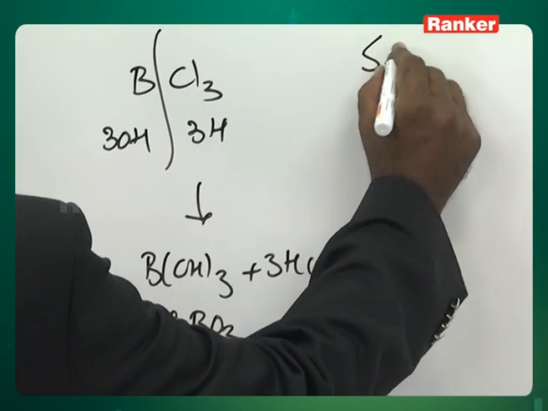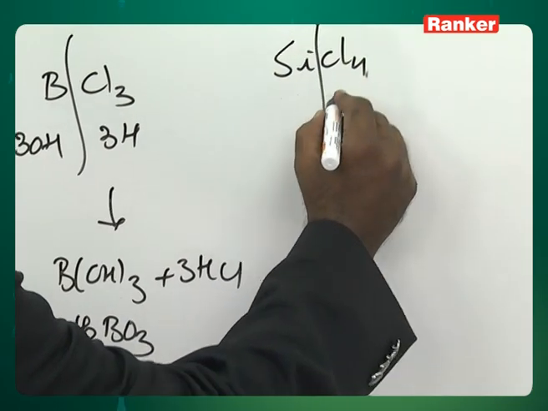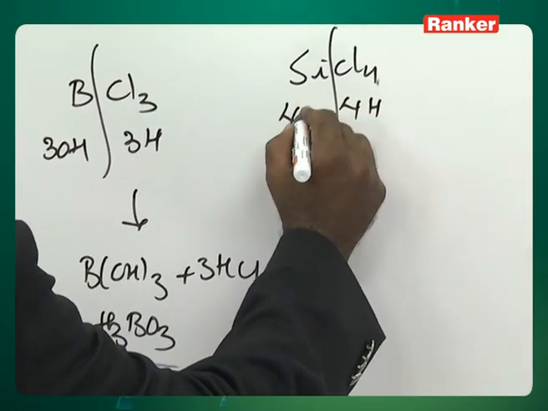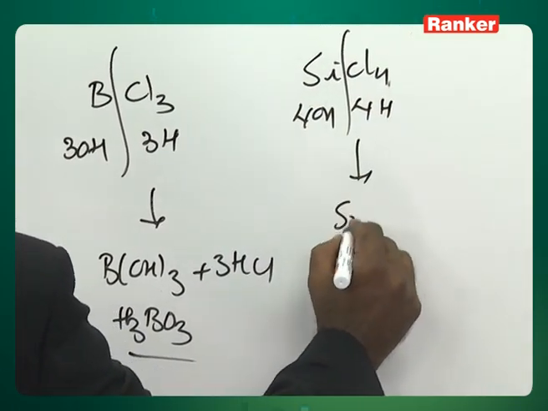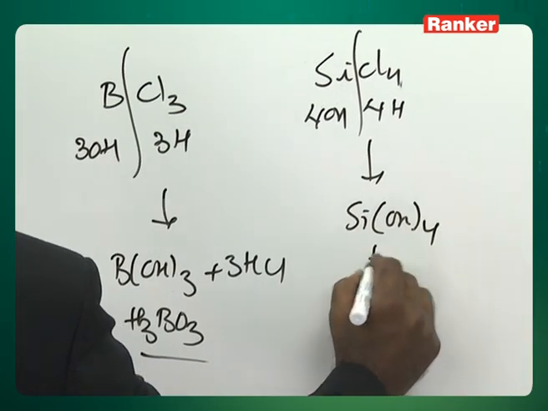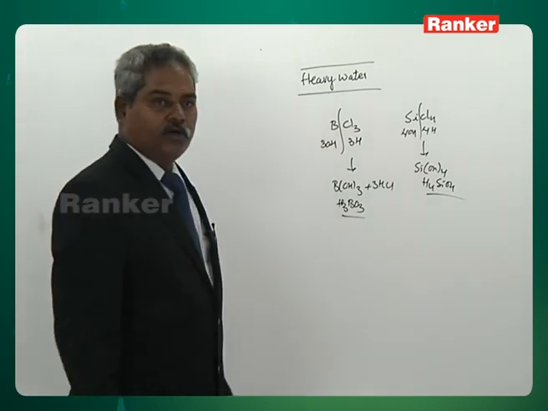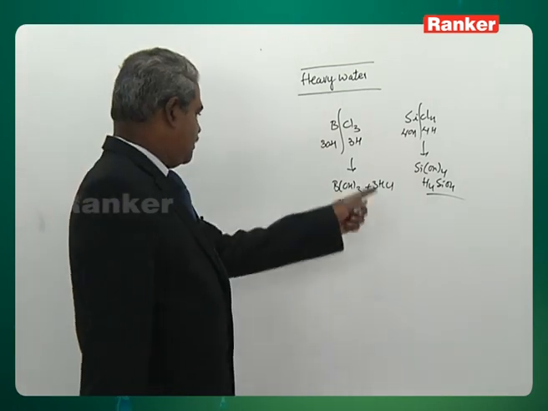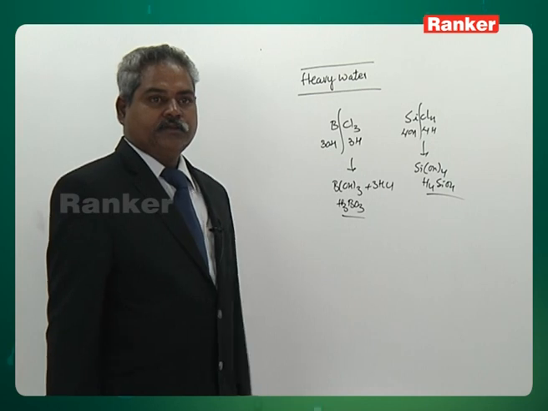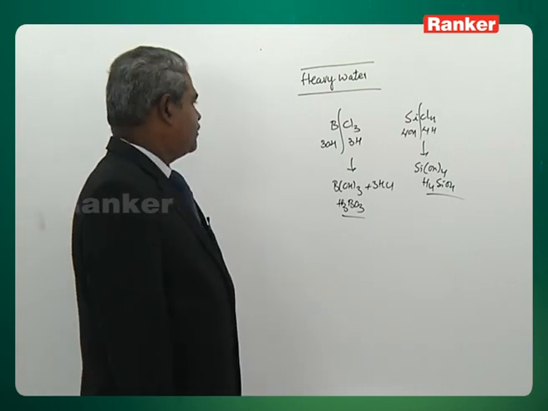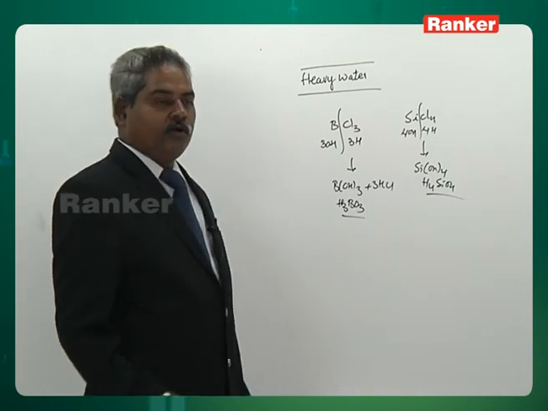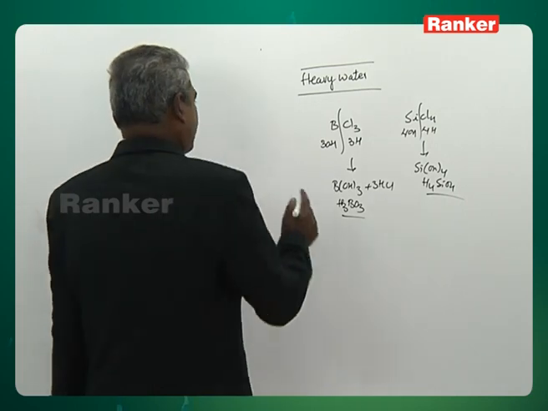SiCl4, break the bond, 4H, 4OH. You get Si(OH)4, which is H4SiO4, silicic acid. Just like that, BCl3, SiCl4, and you can have any number like this.